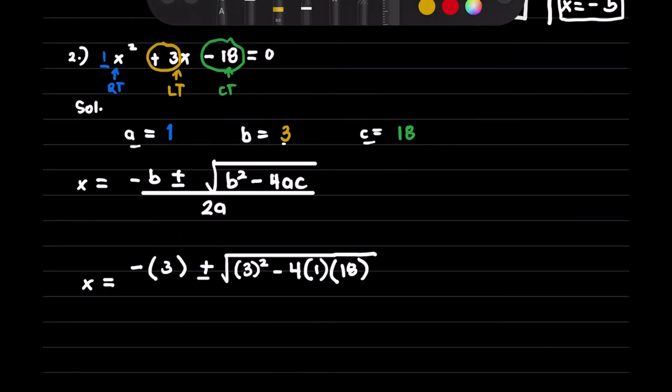Or, oops, may nakalimutan tayo dito. This is negative 18. So, bago kayo mag-proceed, paki-double check yung mga values nyo. Okay, so that's negative 18. I almost forgot. So, paki-double check. All over 2 times A. The value of A is 1.